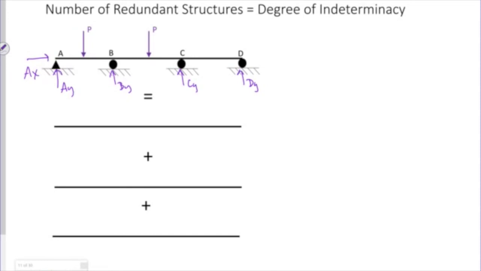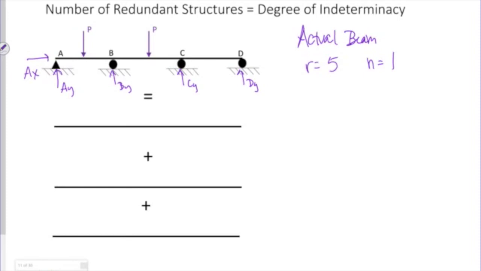So, my actual beam, I have 1, 2, 3, 4, 5 reactions. My N is still equal to 1. There's just one beam, right? Not even attached at B, apparently, if you squint your eyes.